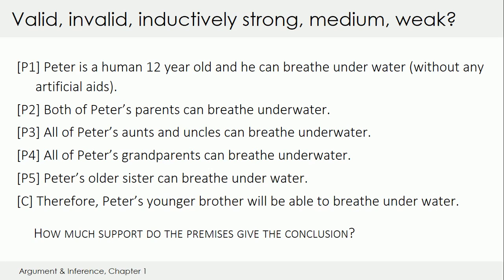No. Is it invalid? Yes. So we have an inductive argument here, evidence for the conclusion. Is this inductively strong, medium, or weak? Look at this evidence. From what you know of genetics and biology, if you assume premise 1 through premise 5 are true, would that be great evidence for the conclusion?